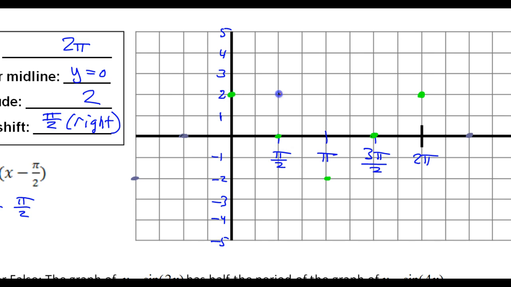So this will land here. And this will land here, and here, and here, and here. Alright, I moved each one of these green dots to the right. Okay, so just looking at this one period, you can tell it would look like this.